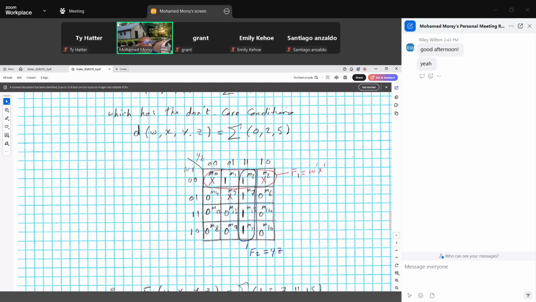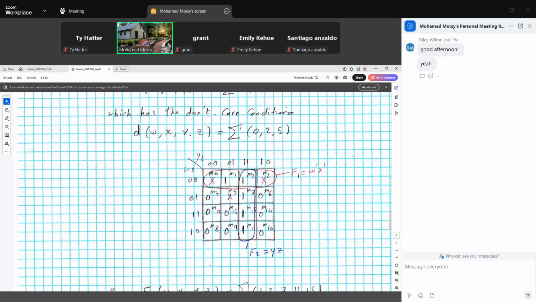But the advantage of using these don't cares appears when we do grouping for adjacent ones. We mentioned that the maximum number of adjacent ones we take in a group gives more simplification for the function, which is our main objective.